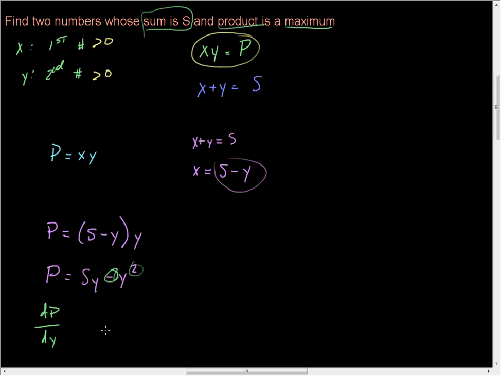S is not a variable, it is a constant. And now when we do this, we have S minus 2y. Now set that equal to 0 and solve. Okay, so we set that equal to 0. Well, if we do that, then S minus 2y is equal to 0, which means that S is equal to 2y, which means that y is equal to 1/2 S.